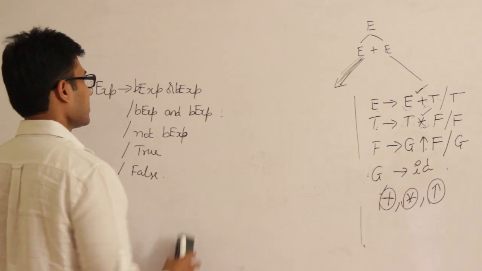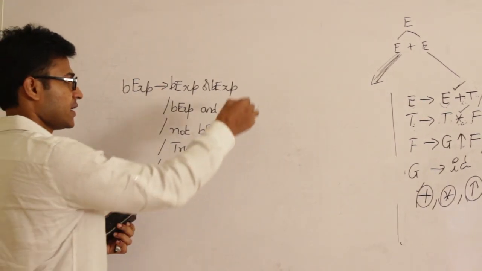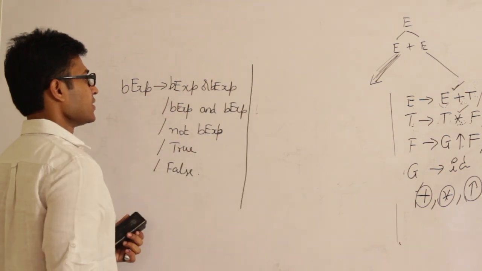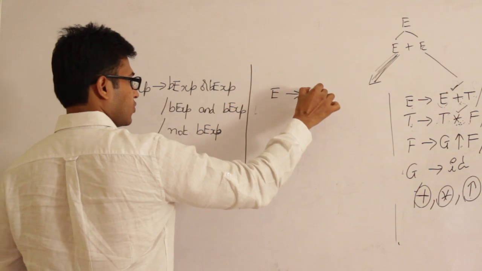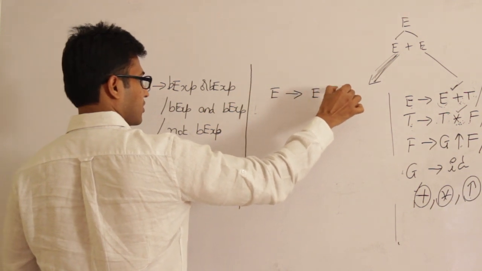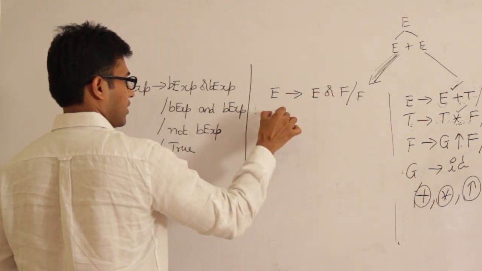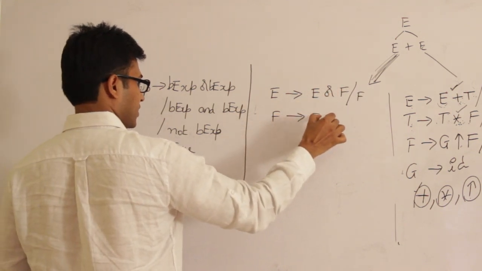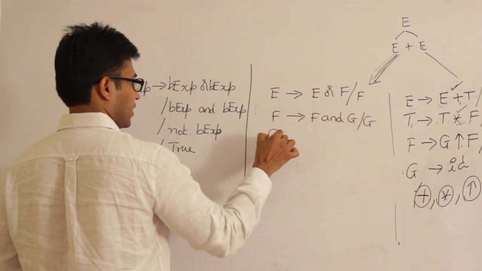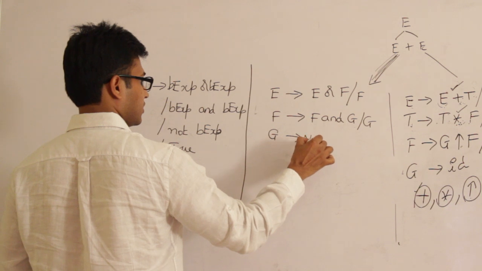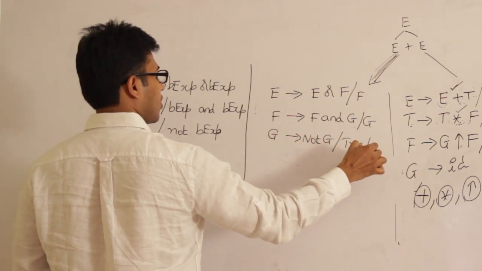So for this grammar, if I have to disambiguate it, if I have to go from an ambiguous grammar to an unambiguous grammar for the same language, then I should write like this. A Boolean expression E can be E or T, or T, and then T can be T and F, or F, and F can be not F or true or false.